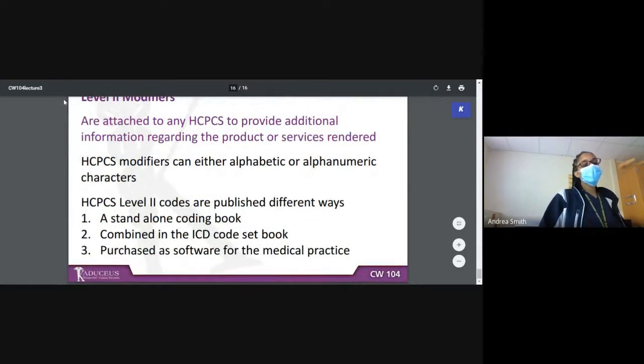The HCPCS level 2 codes are published in different ways. There can be a standalone coding book, which I'll show you. Well, maybe not.